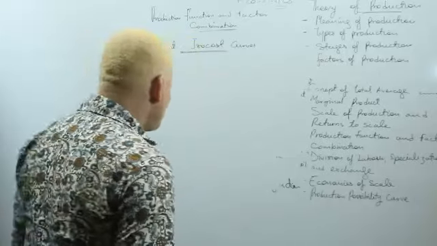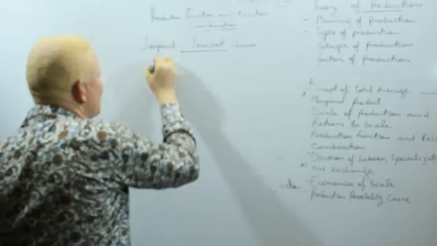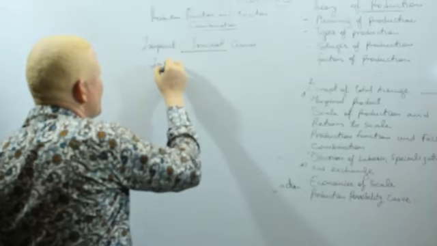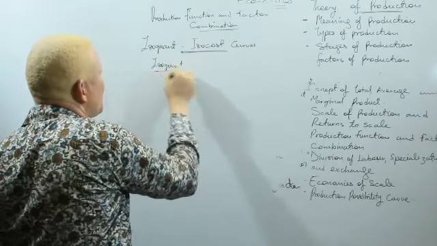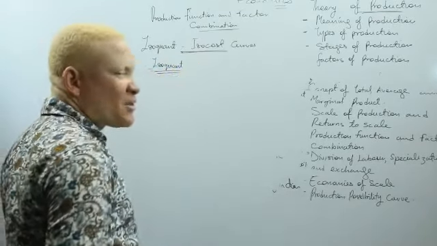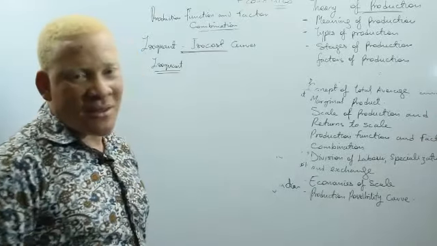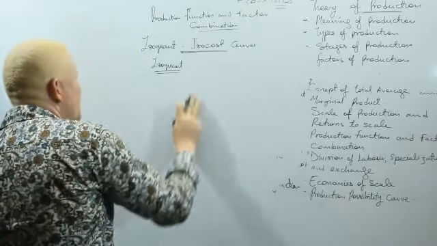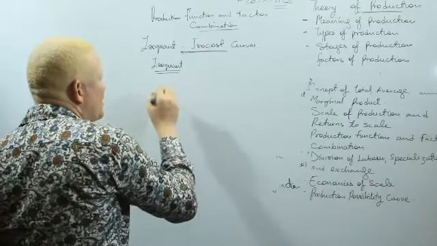That's to say, the Isoquant is a locus telling us possible scales of production, but the Isocost tells us feasible scales of production.